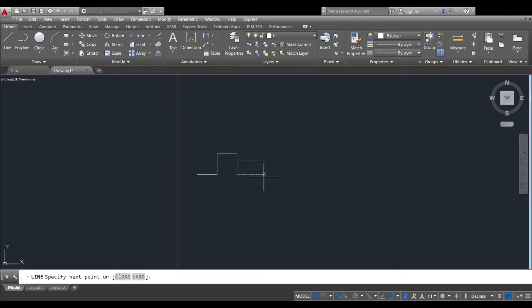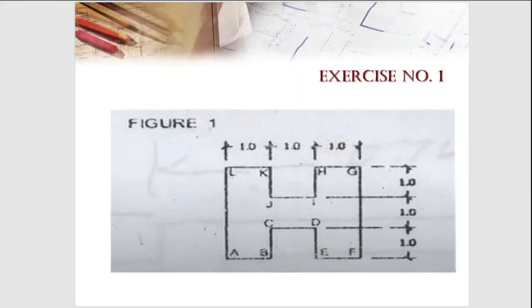Okay, let's go to point F. So, going to point F, the y-coordinate is the same, but the x-coordinate moved to the right by 1 unit. So that means the coordinate of our point F is 4 comma 10.